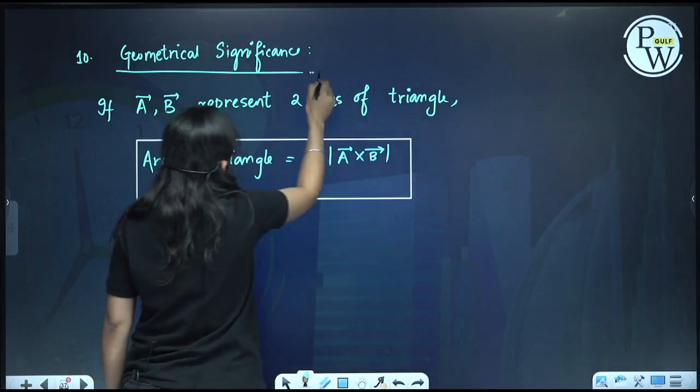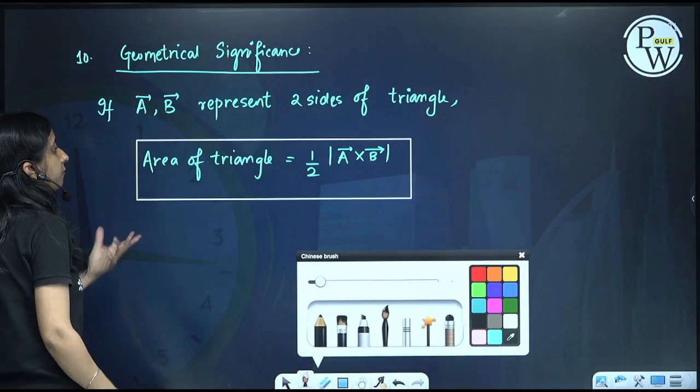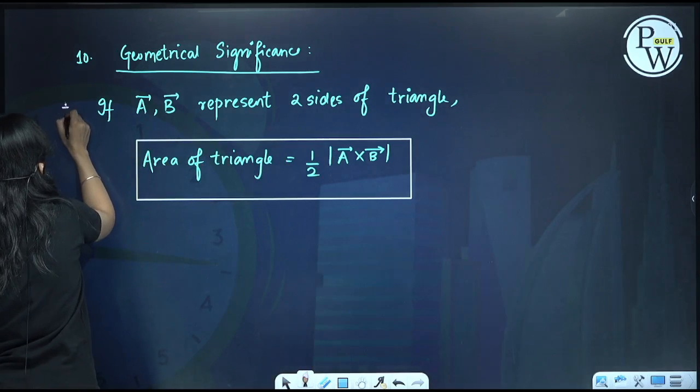If a and b represent two sides of a triangle, then the area of the triangle is half times the magnitude of a cross b.